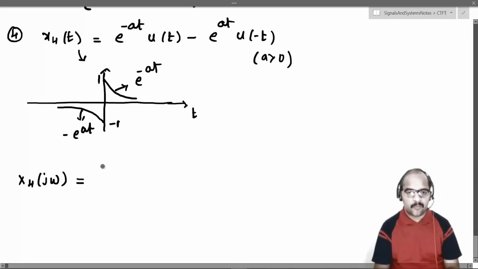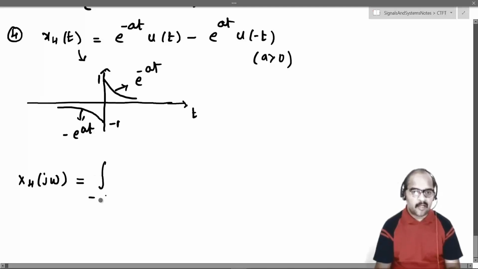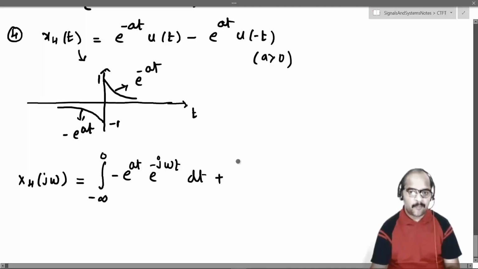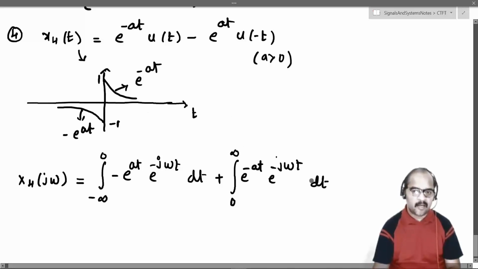X4 of j omega would be equal to integral minus infinity to 0 minus e power at e power minus j omega t dt, because of the first signal, plus integral 0 to infinity, which signal we have? e power minus at e power minus j omega t dt.